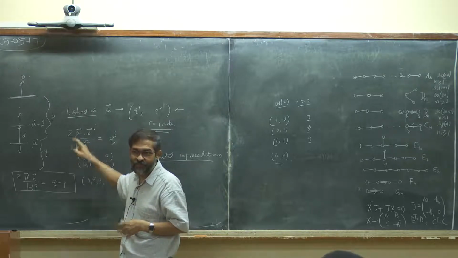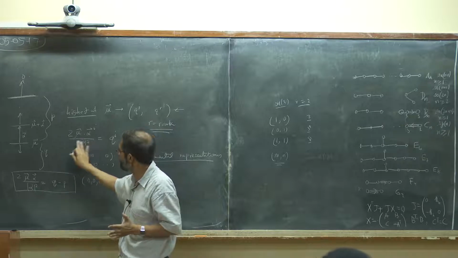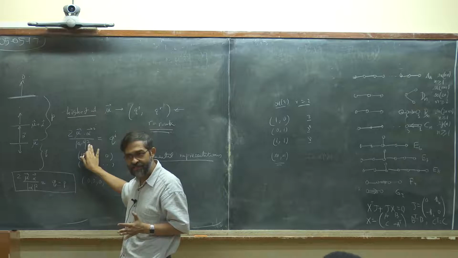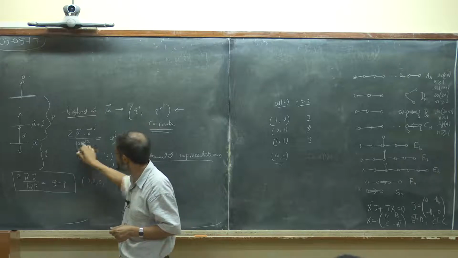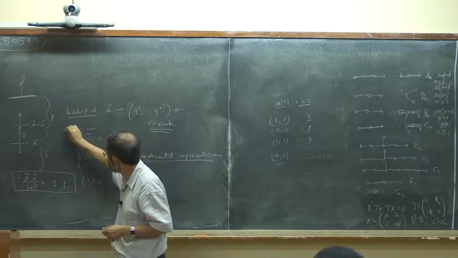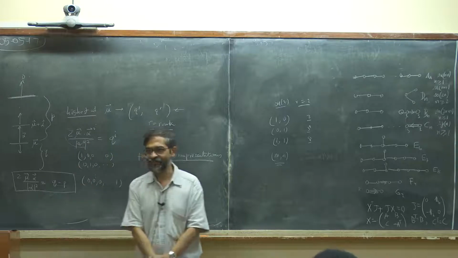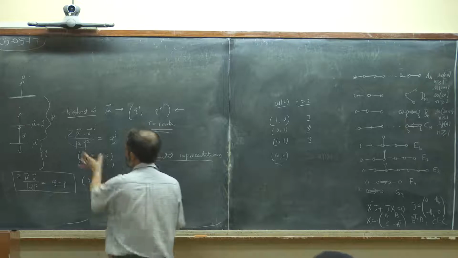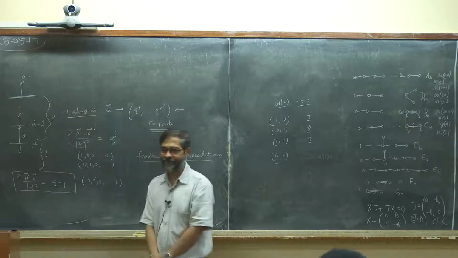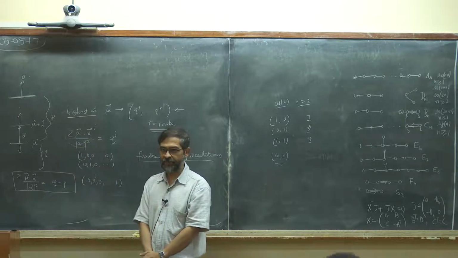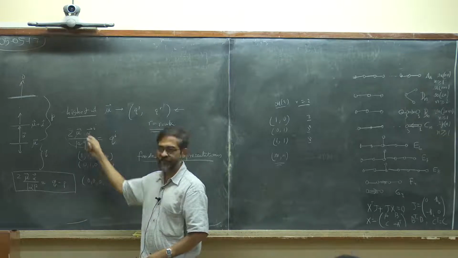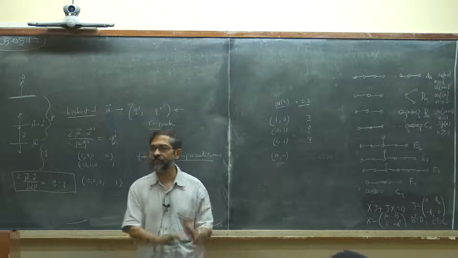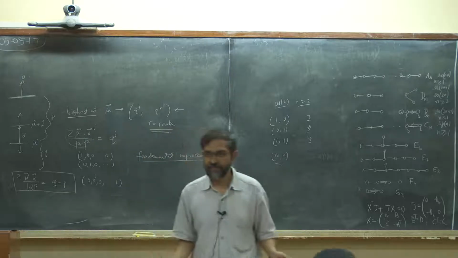If you for the moment forget about this complication coming from the various lengths, let's say these are equal to 1, or some convention, it's not true actually, but suppose for the moment that all of these were 2, then you have some basis vectors alpha i, whose integer linear combinations give you the root lattice.